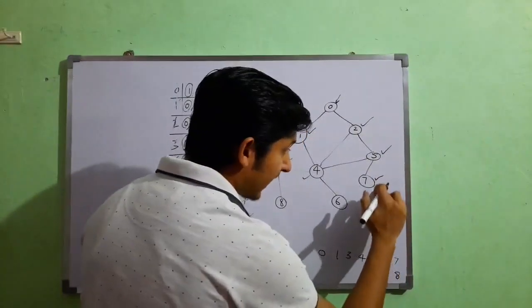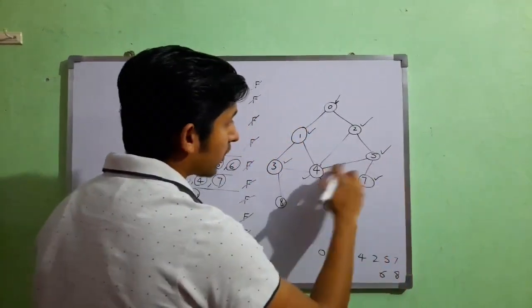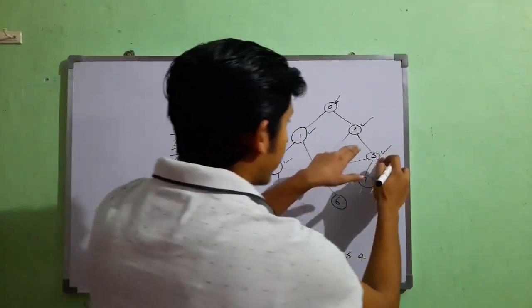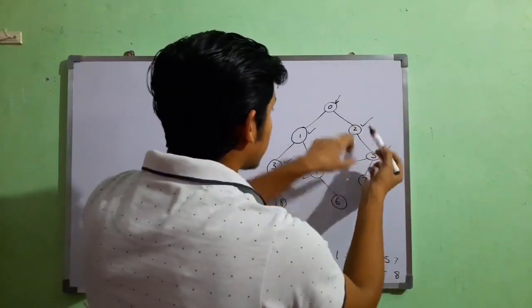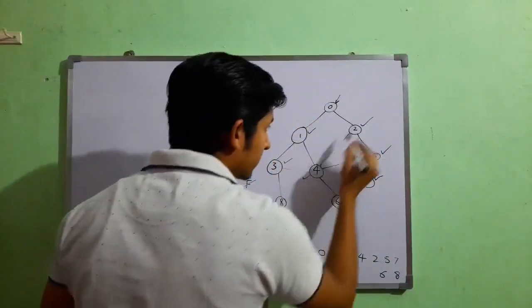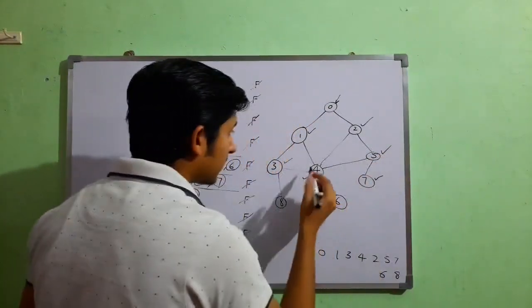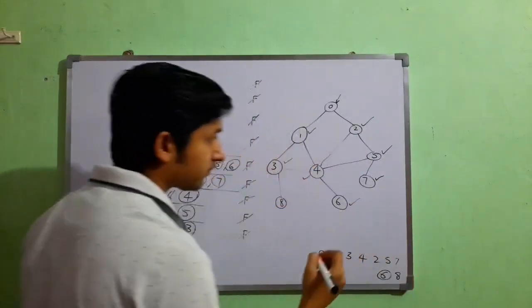Now when it has no more child, it will come back to this, and it has visited 4, 2, so it will come back to 2. Again all children visited, so come back to this, come back to this. Now it has visited this, it has visited this, now this, so 6.